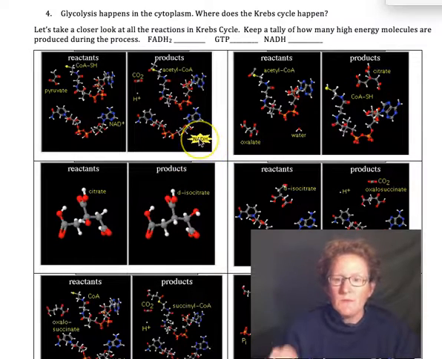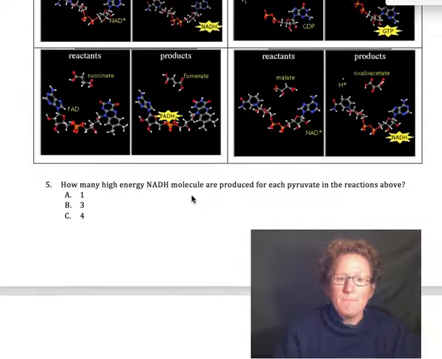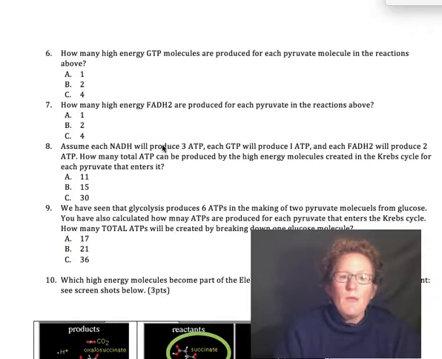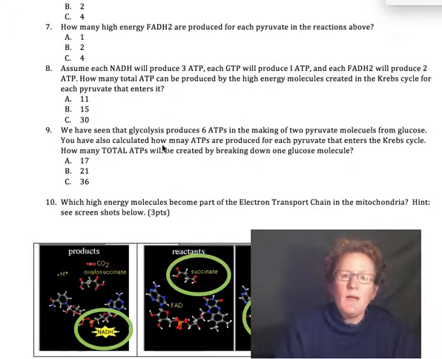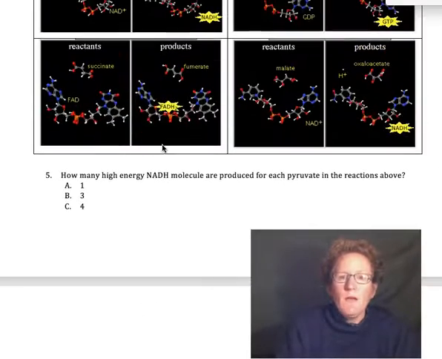Remember, you want to look for the yellow flashy symbol for a high energy molecule. So we looked at the bottom of the sim for how many high energy NADH molecules are produced. We also looked at how many high energy GTPs and how many FADH2s are produced. If you got lost, you can look up here.